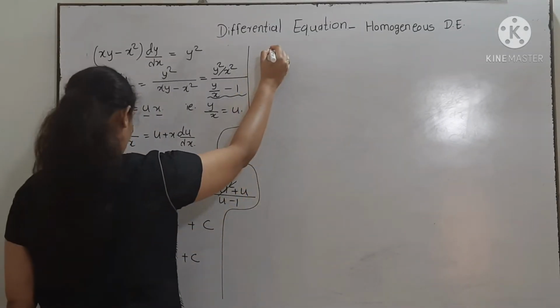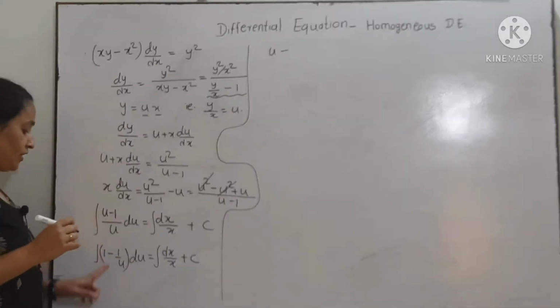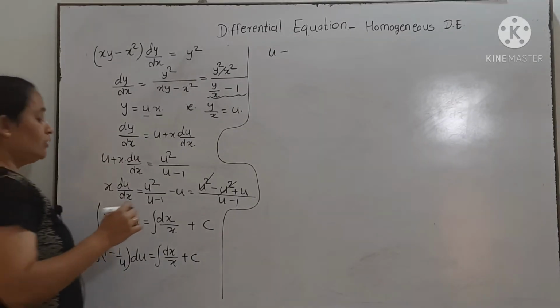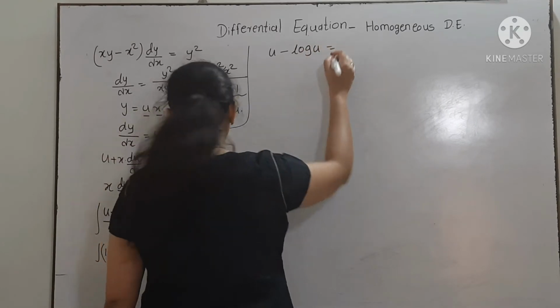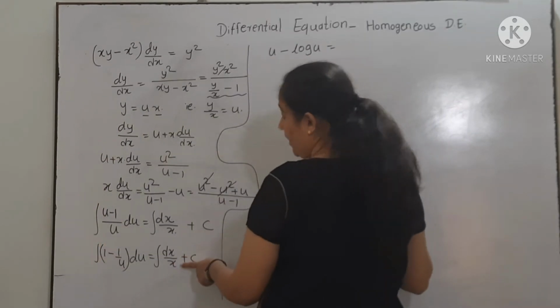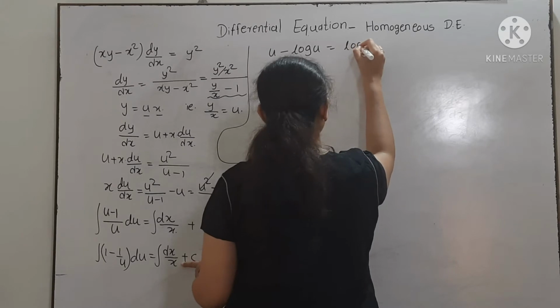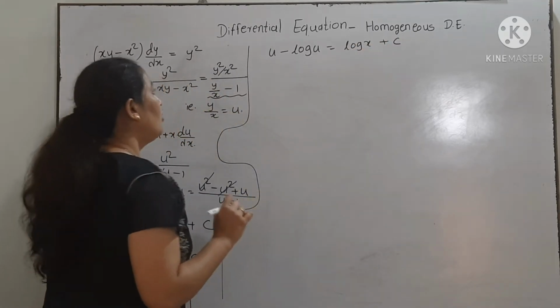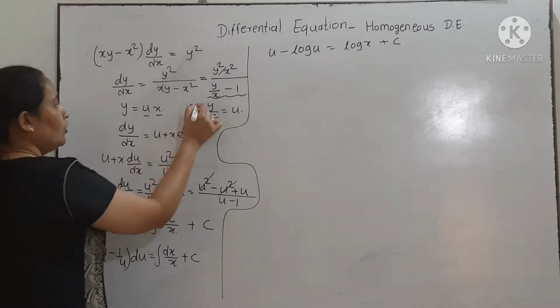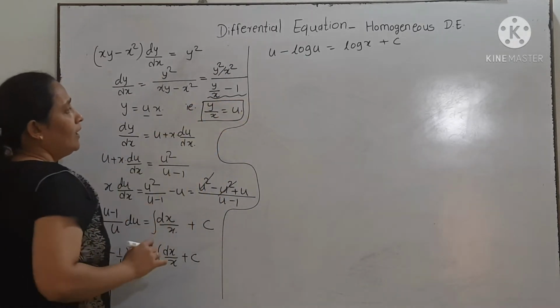Now what is the integral of 1? The integral of 1 is u minus, what is the integral of 1 upon u? It is log u, equal to the integral of 1 upon x, which is log x plus c. Now we will substitute the value of u. What is the value of u? u is equal to y upon x.